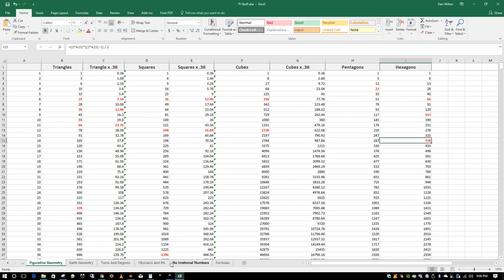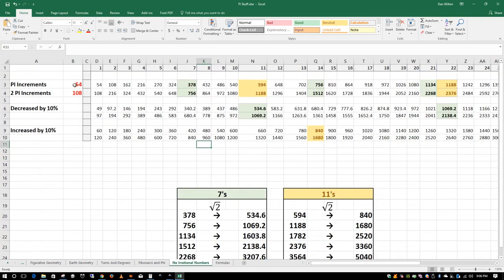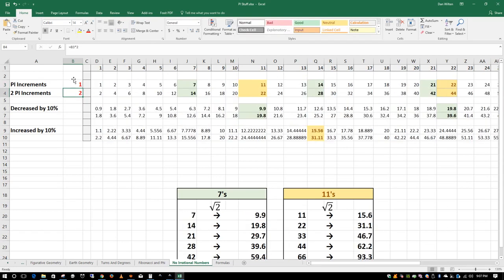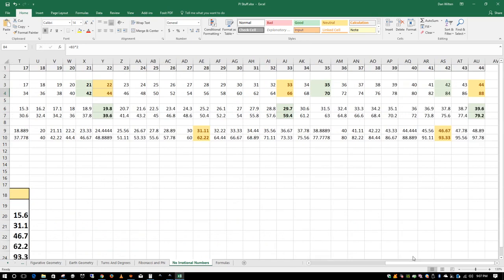One more thing I wanted to show you, and I'll let you go, is if we take a look at these irrational numbers here, and we just use something simple like 1, and we let that be the pi increments, then what happens when you decrease these numbers by 10% is it kind of brings these numbers alive. When you get all the way down here, what you find out is that these same numbers, like 594, which squared 756, falls under the 33 mark.